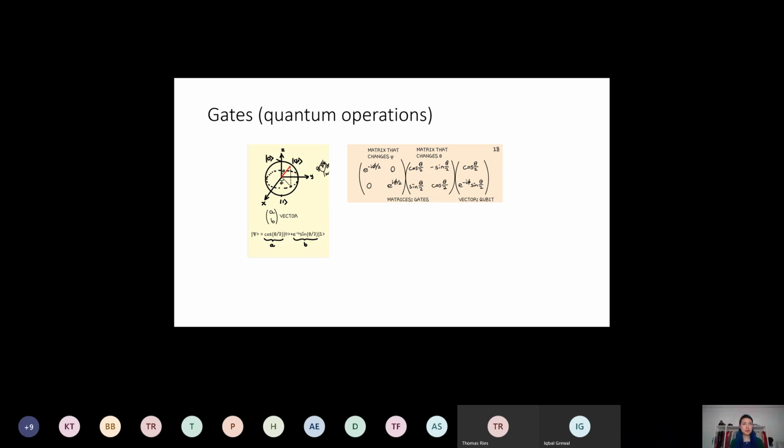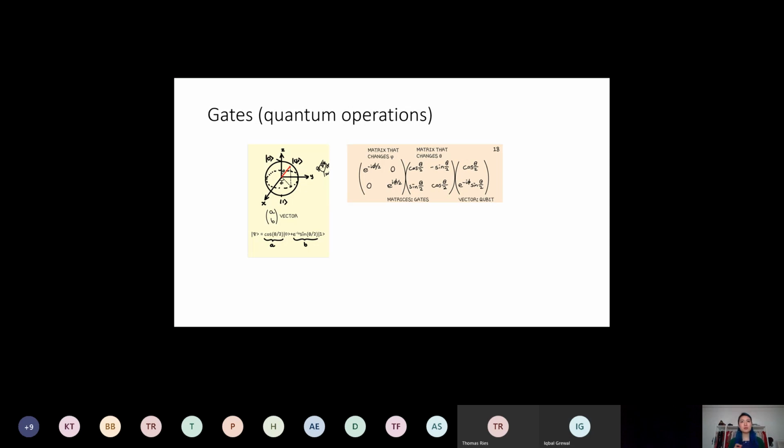And what a gate does, the name comes from the same classical algorithm, like logic gates. We also have quantum logic gates. What a gate does is to manipulate qubits. It is an operation you can apply to your qubit system. Because we can write out and represent your qubit using this vector, you can apply a 2x2 matrix to change the vector.